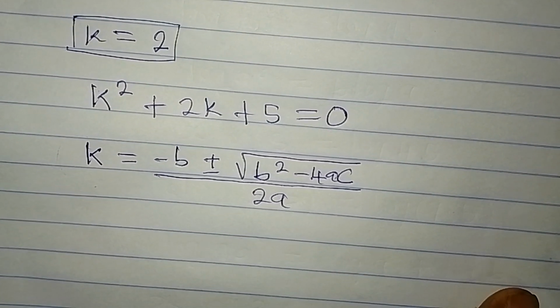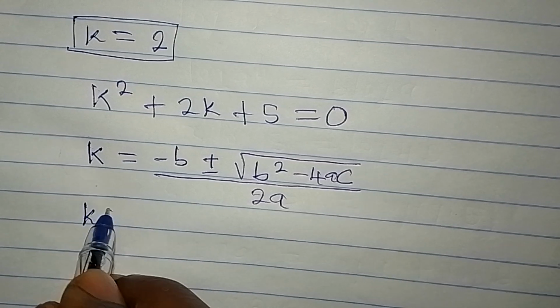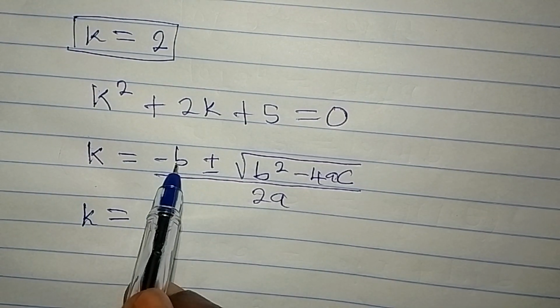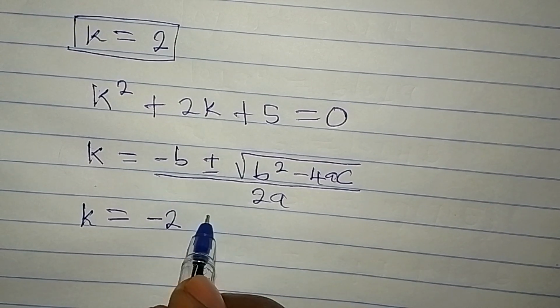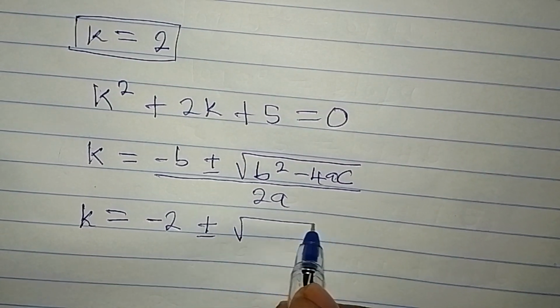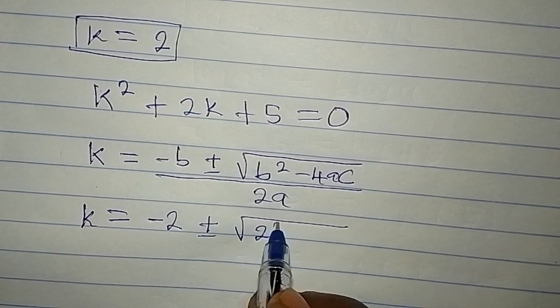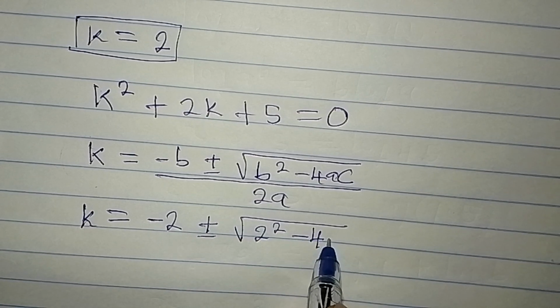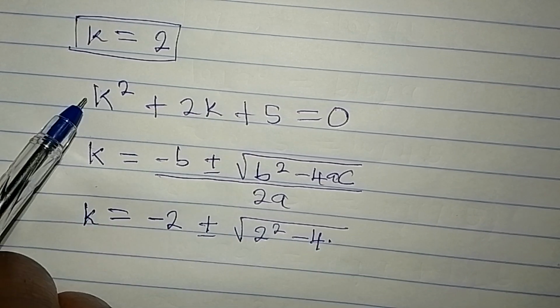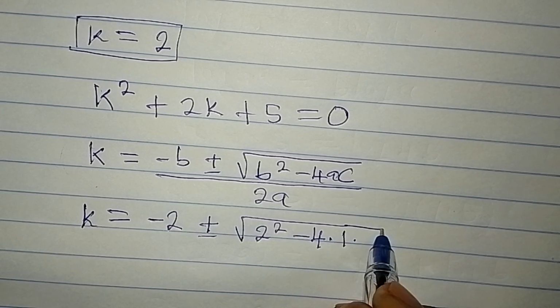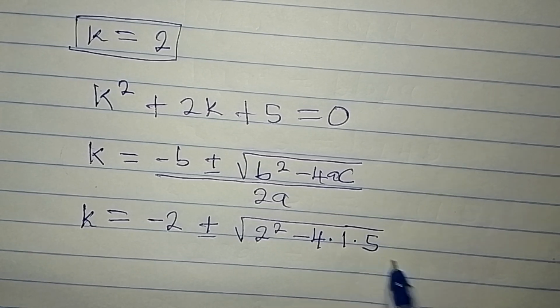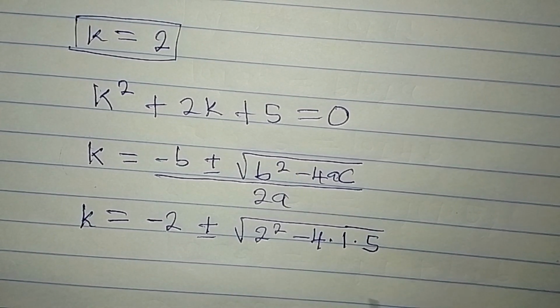Now, let's continue. Our k will be equal to, in place of minus b, we are writing this 2, so we have minus 2. Plus or minus, our b is still 2, we have 2 squared, minus 4 times a. A is the coefficient of k, so it's 1. Multiply by c, and our c is 5. C is a constant.